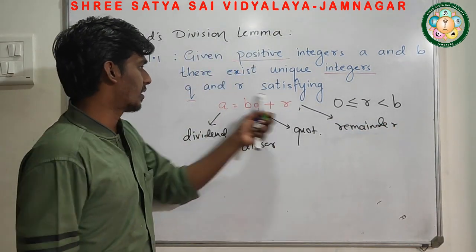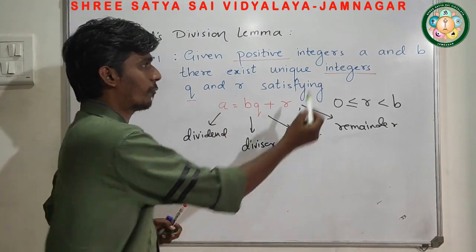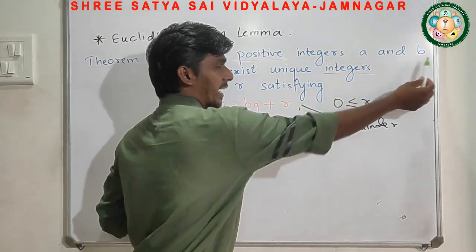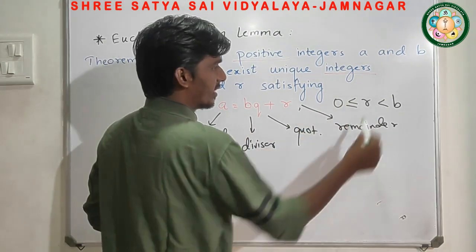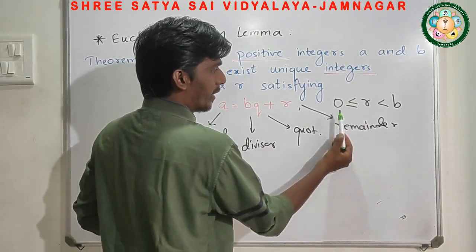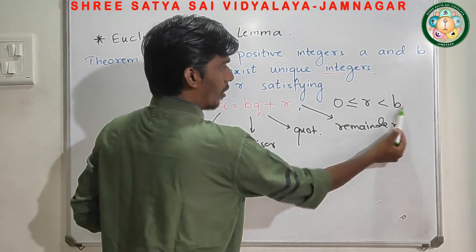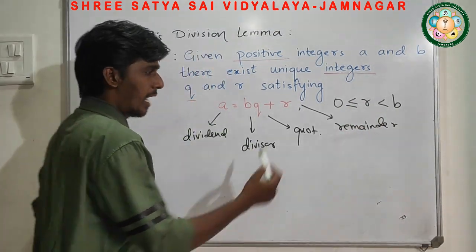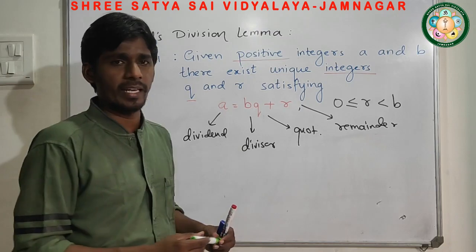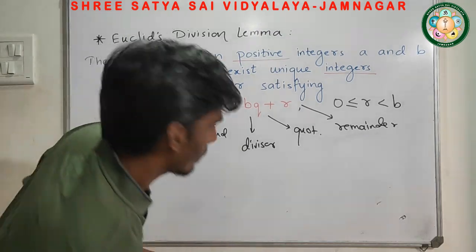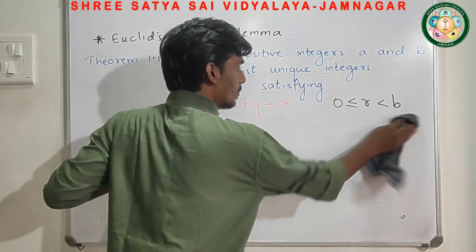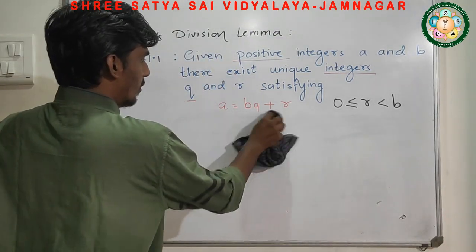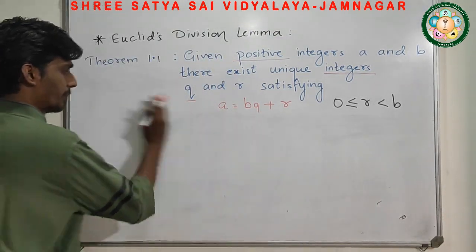So this is the condition which is satisfied for any positive integers a and b with q and r. And one more condition is here, that is the remainder is always greater than or equal to 0 and less than the divisor. I am going to show you this with an example. Let's take one example here, and we are going to relate this equation.